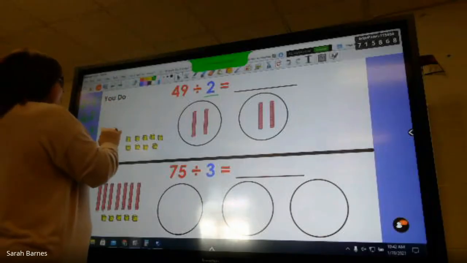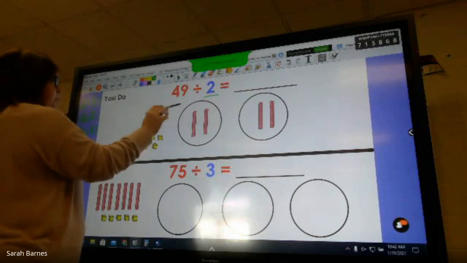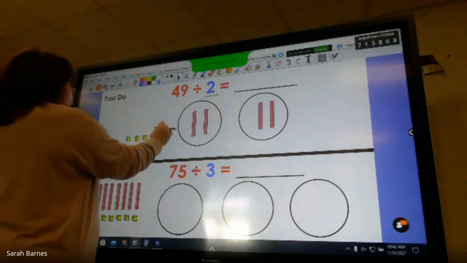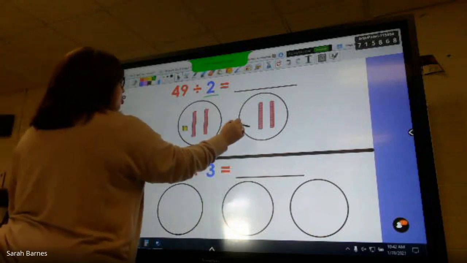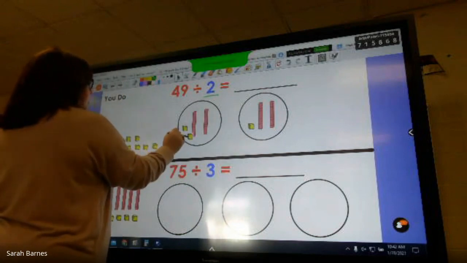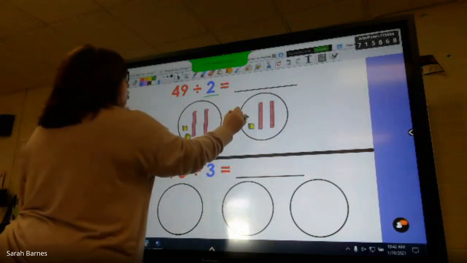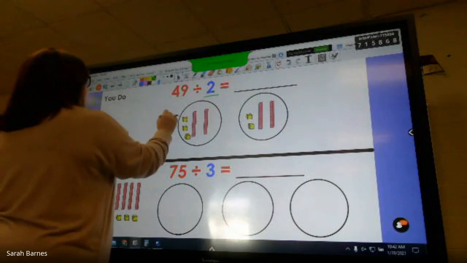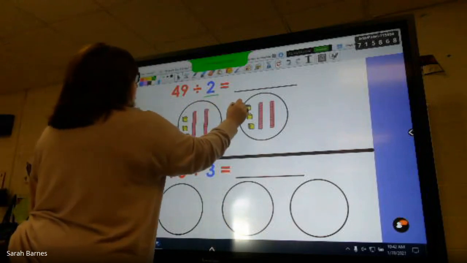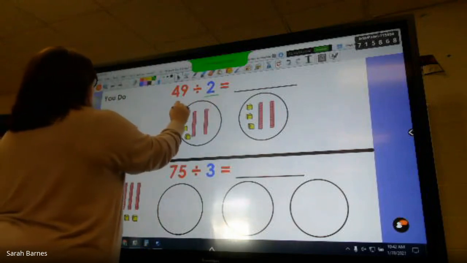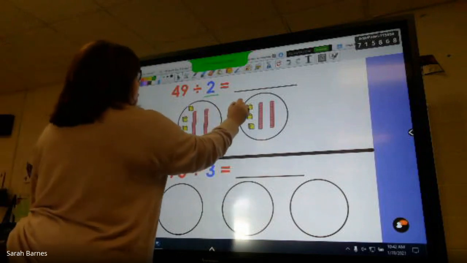Okay, so I'm going to start moving my ones and I'm going to count them. So 1, 2, 3, 4, 5, 6, 7, and 7.